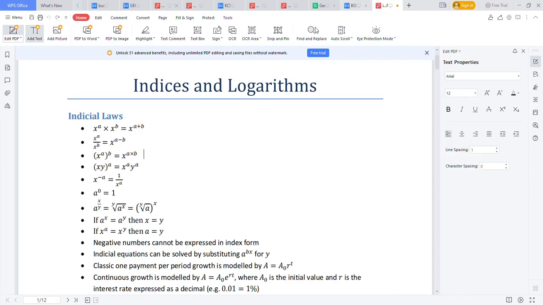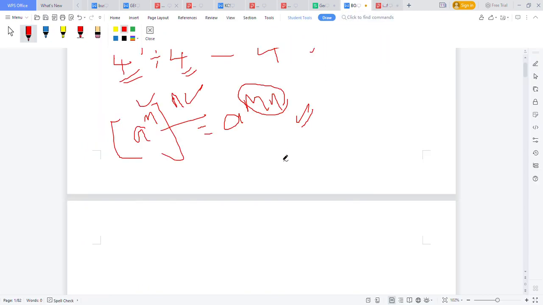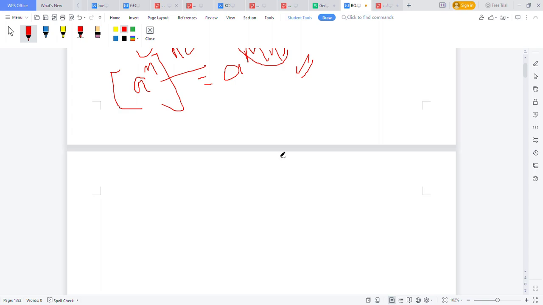So the next law is this: xy raised to power a is the same as everything in that particular bracket being raised to power a. What do I mean?